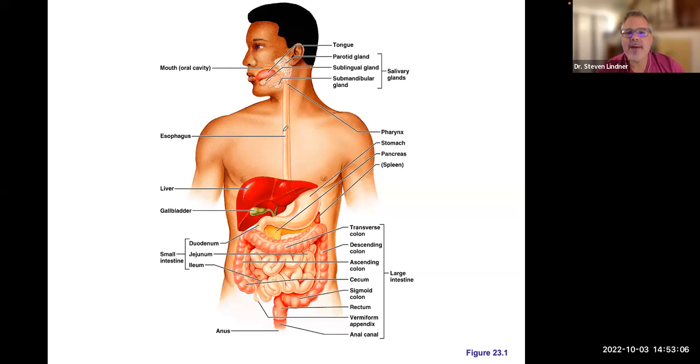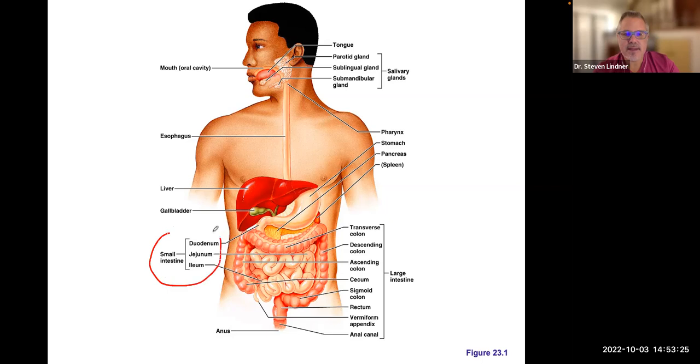Okay, then we have the esophagus. The esophagus is this long tube here that leads into the stomach. And then the stomach leads into the small intestine that has 3 parts to it that we can see here.